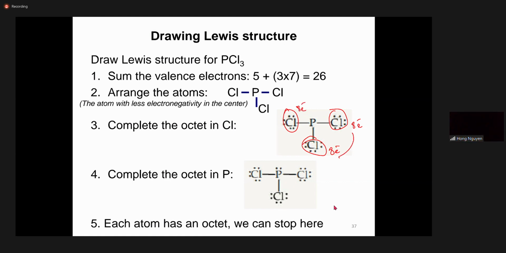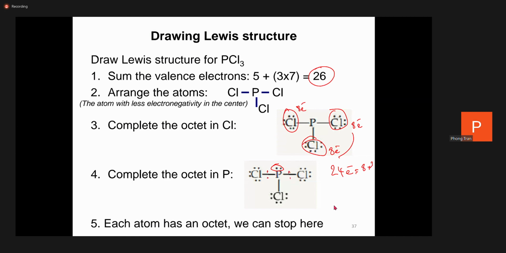Now in total, you have already used 24 electrons, and in this compound, in total, we have 26 valence electrons. That means 2 electrons are still left, and then you put the 2 leftover electrons on the phosphorus at the central atom.